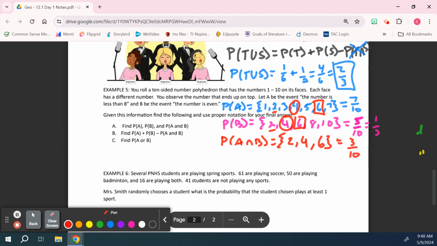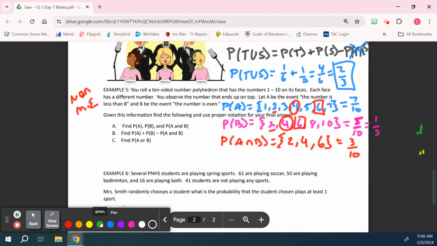So we have something there this time. Okay? So this is non-mutually exclusive. All right. So this part takes care of letter A.